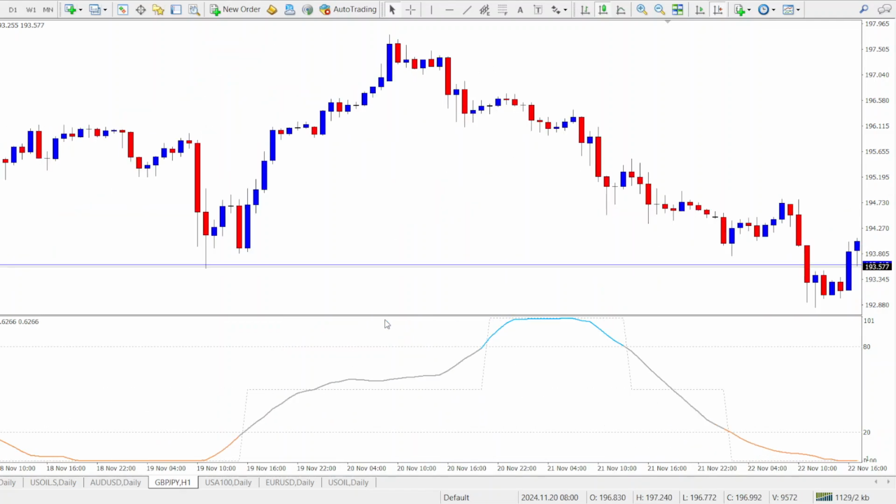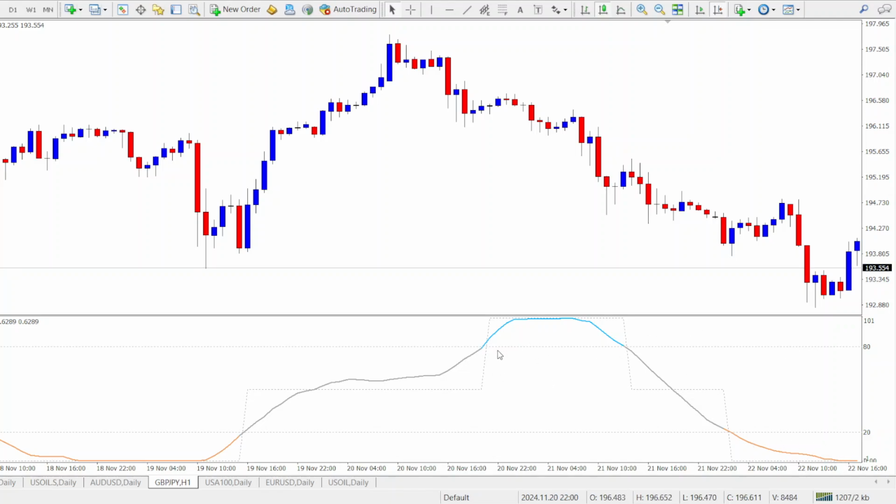When you have the Trend Intensity Indicator at the extreme upper level, as you can see, the indicator has an extreme upper level and an extreme lower level, demarcated by the 80 level and the 20 level.